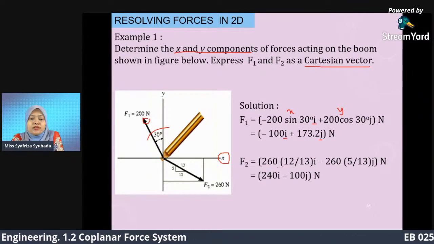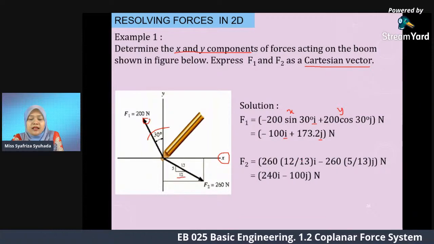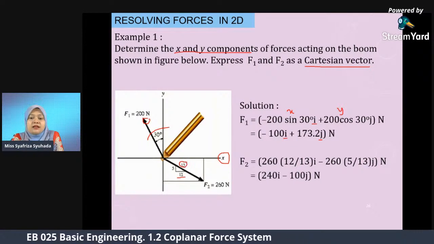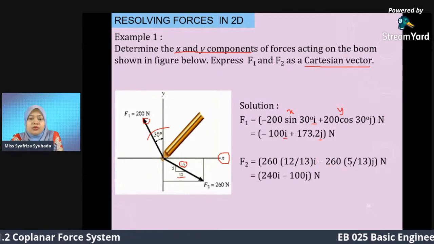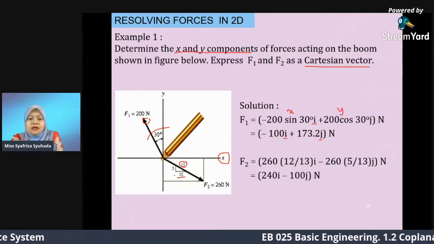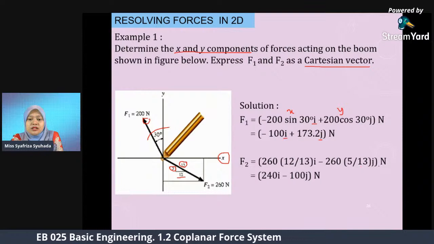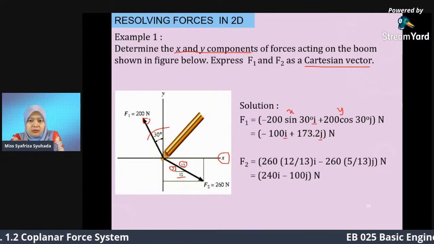Alright. 260, okay, kita nak tahu paksi X, kita ambil 12 over 13, over dengan hypotenuse, okay, I tolak dengan 260, nak tahu paksi Y pula kita ambil pada segitiga tegak, 5 over 13 J. Okay, so this is the answer untuk question number 1.